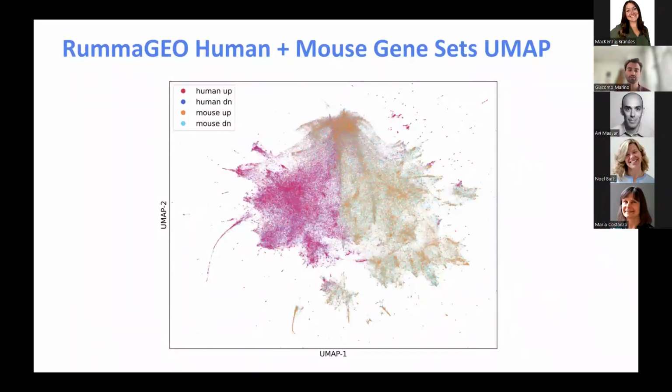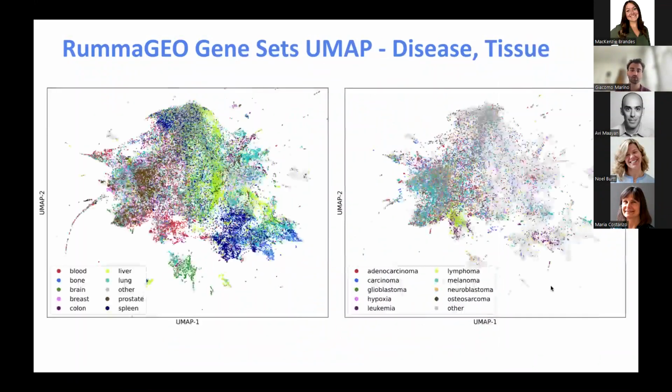Visualizing all of these gene sets for both human and mouse, we can see that there is a fair amount of separation for human and mouse, with some density of where they overlap here at the top. So this is looking at harmonized gene symbols between both human and mouse here. And then we can also color this UMAP by various metadata attributes that we previously identified. So on the left here is by the 10 most common tissues.